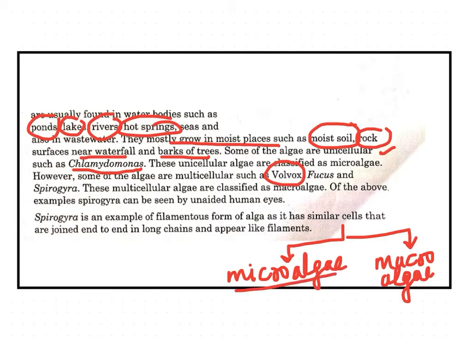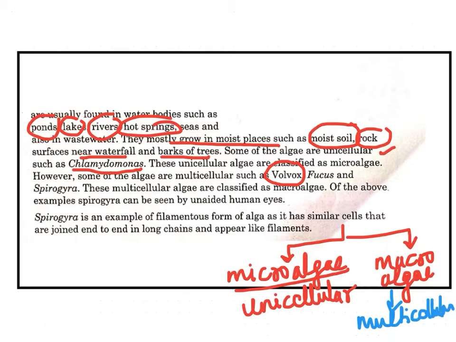Microalgae, dear students, is unicellular, while macroalgae is multicellular. So we have two types of algae depending upon the number of cells present.